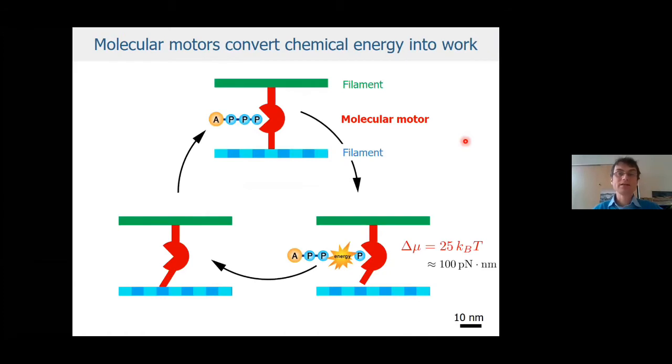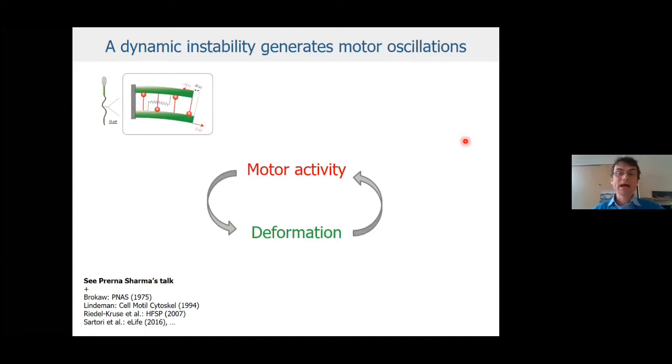And this is, of course, an energy-dependent process. Whenever each of these almost 100,000 molecular motors makes a single step, it hydrolyzes a single energy-rich ATP molecule, freeing 25 kBT, and part of this chemical energy is then transferred to mechanical work that deforms the flagellum. And so motor activity, the collective activity of many of these molecular motors, gives rise to a deformation of the axoneme.